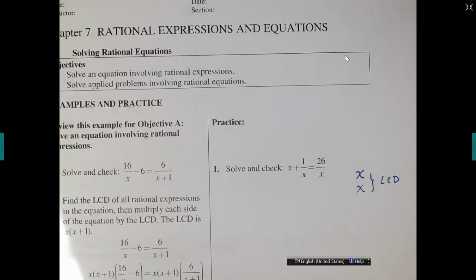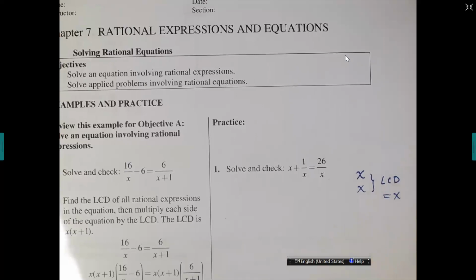Multiply everyone. This everyone means every term by the LCD. See, for this one, things turn out to be very easy. Why? Because for the same denominators, their LCD, their least common denominator, is just themselves, still x.